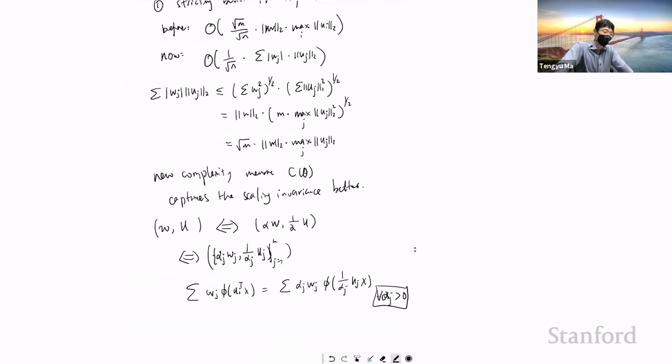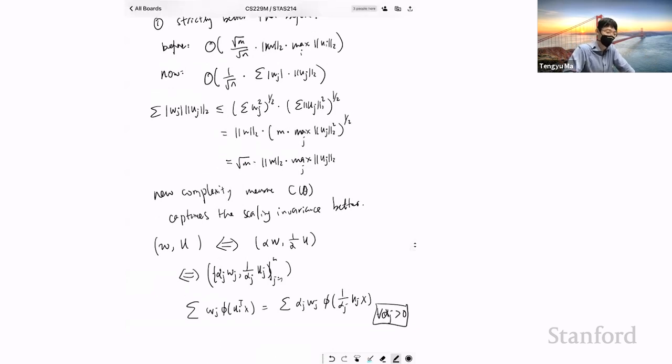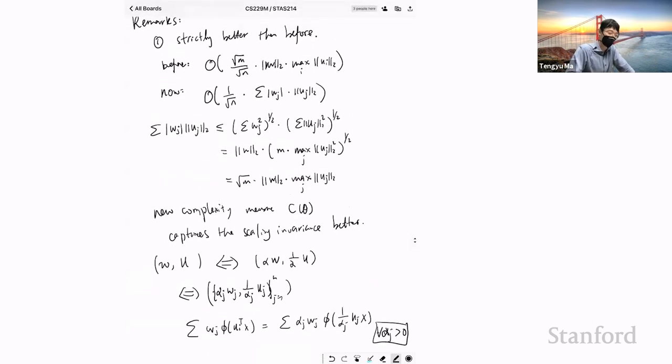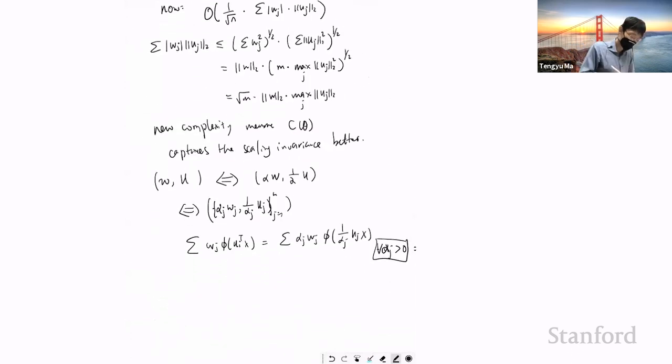And you can see that if you consider this kind of invariance, this complexity measure is still the same. The complexity measure is really invariant to the scaling here, because if you change wj and uj accordingly, you don't change the complexity, which to some extent seems to be a good thing to have.